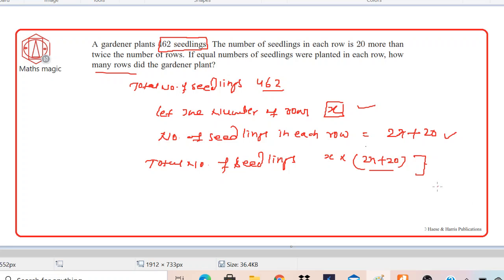We already know that the total number of seedlings is 462, so we can equate x times (2x plus 20) with 462.